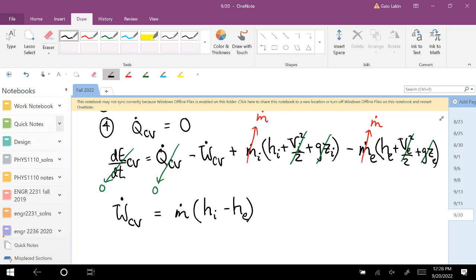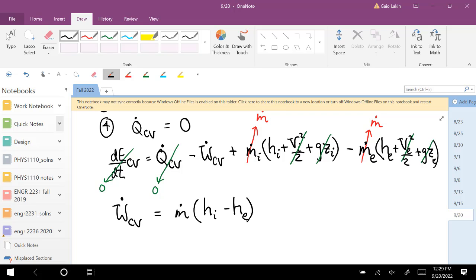What about the sign of the work done in a turbine? Would you expect that to be positive or negative? Negative. So the turbine is going to be doing work on the surroundings by sending electrical energy out into the surroundings or by rotating this shaft.